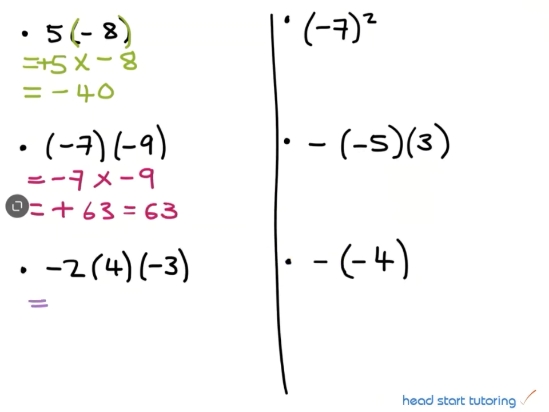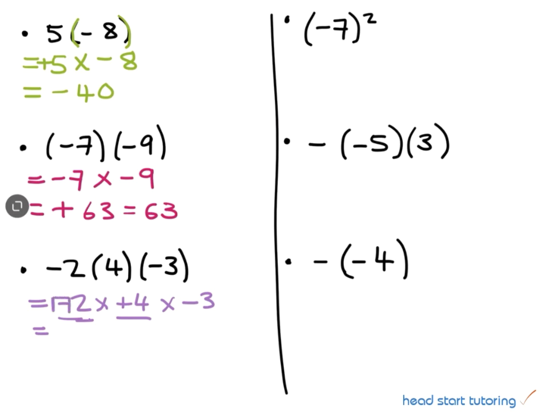Right, so negative 2, then 4 in brackets, and then negative 3 in brackets means negative 2 multiplied by positive 4 and then multiplied by negative 3. So that will give us an answer of negative 2 multiplied by positive 4.